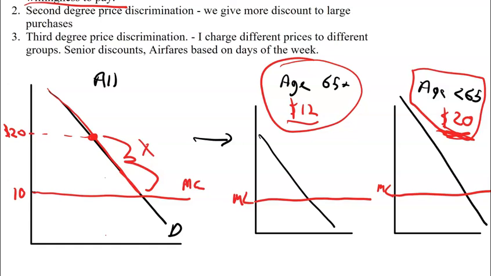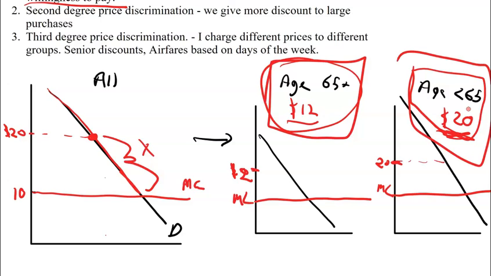But now I have two different prices. I have one price at $12 here, and the other price is $20 here, and the marginal revenue curve here, just to keep it easier. So in this case, I also get to sell it to this group along with this group, so I end up getting more profit.